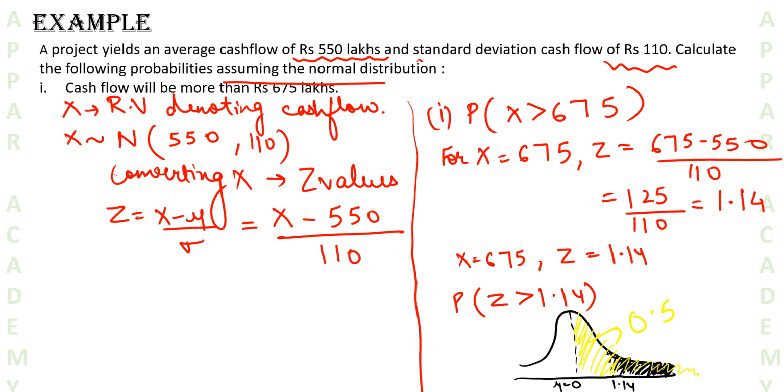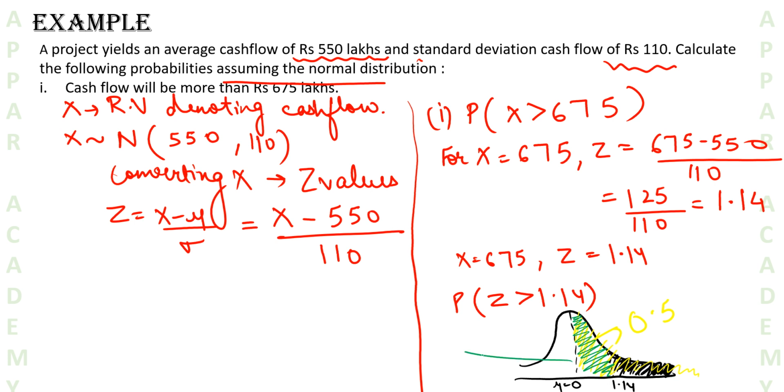And let's suppose I subtract this region, that is the area that lies between 0 and 1.14, from the 0.5. Can we get that black shaded area?